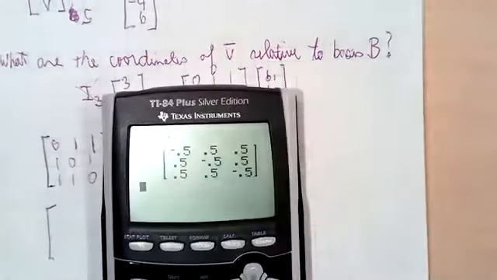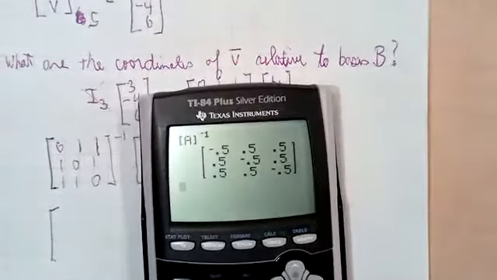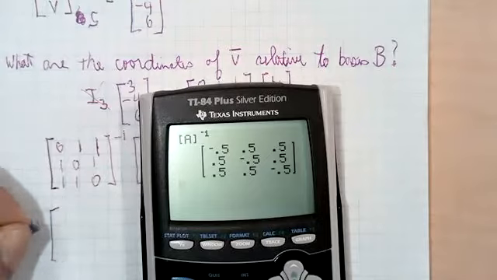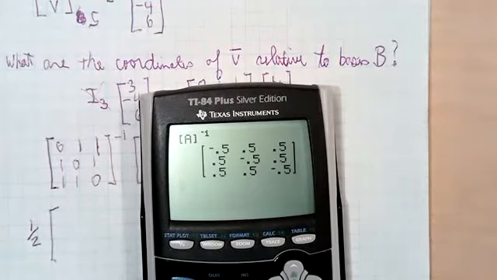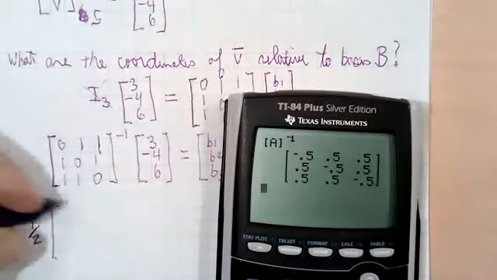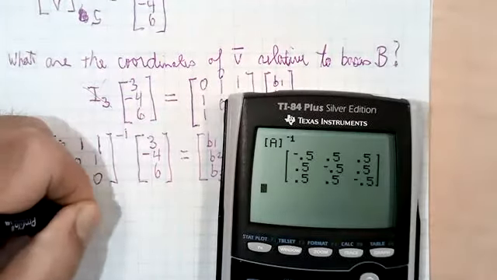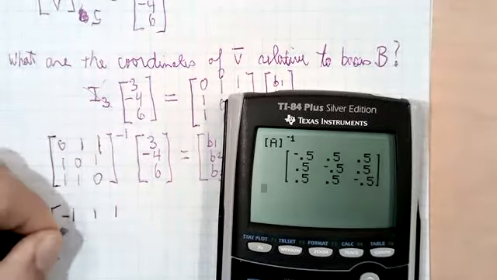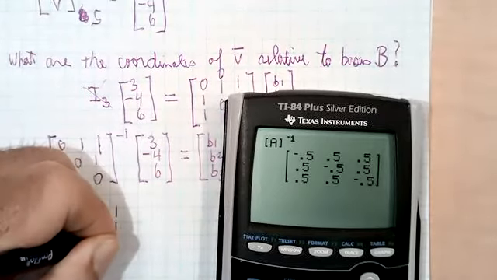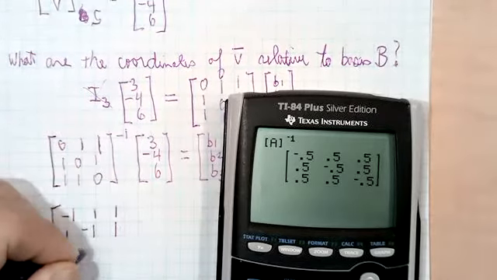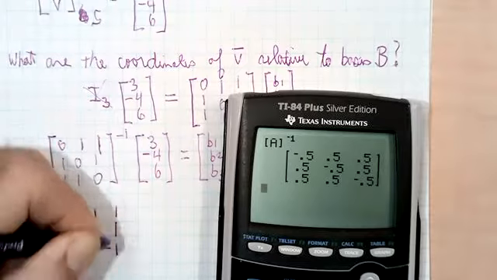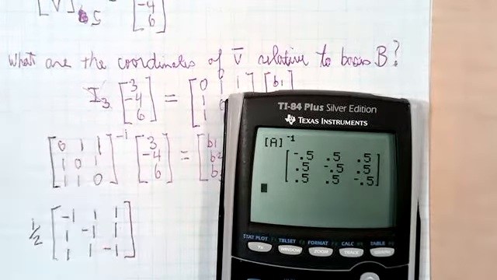Actually, every single entry in here in absolute value is a half. So how about if I put the half on the outside and then just use ones? Minus 1, 1, 1, 1, minus 1, 1, and 1, 1, minus 1. That's my inverse matrix.